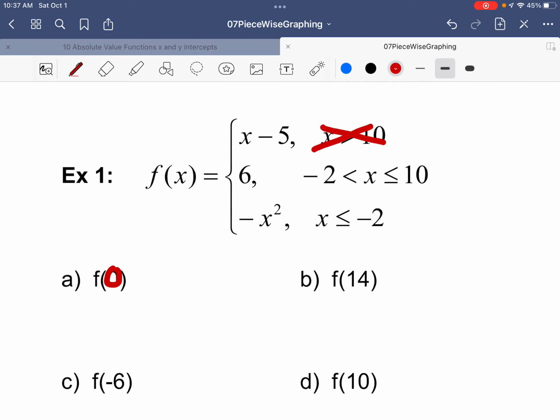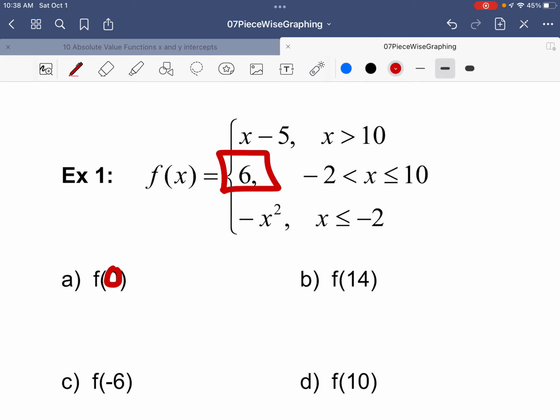No, 0 is not a number that's greater than 10, so I'm not going to plug into that piece. Is 0 a number that's less than -2? No, 0 is not a number less than -2, so I won't plug in there. Is 0 a number that is between -2 and 10? Yes. Because the answer is yes, I'm going to plug into this piece.